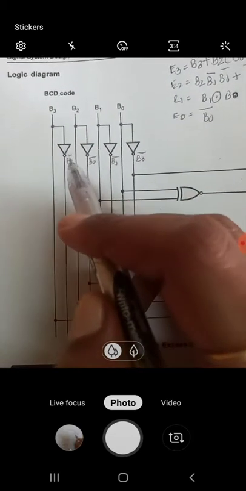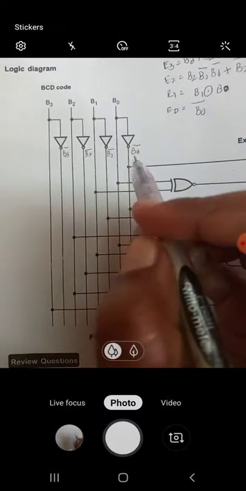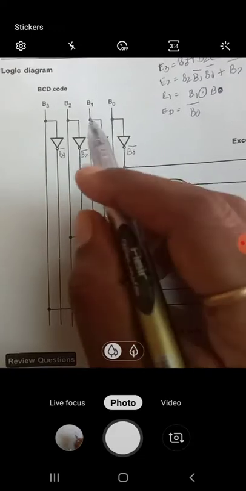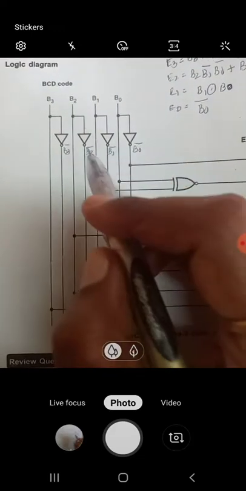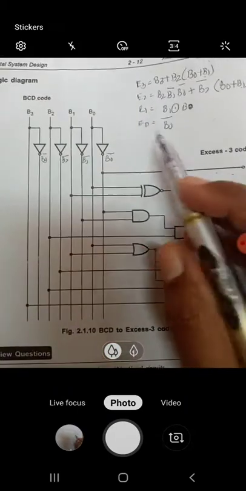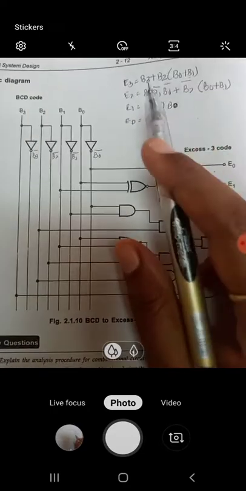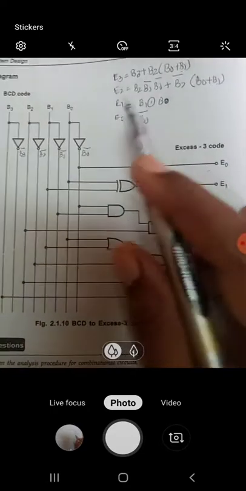We have taken NOT gates over here. So B0 with a NOT gives B0 bar, this is B1 bar, this is B2 bar and this is B3 bar. Going in the order E0, E1, E2, E3, it is a very simplified expression, so let us go in reverse.